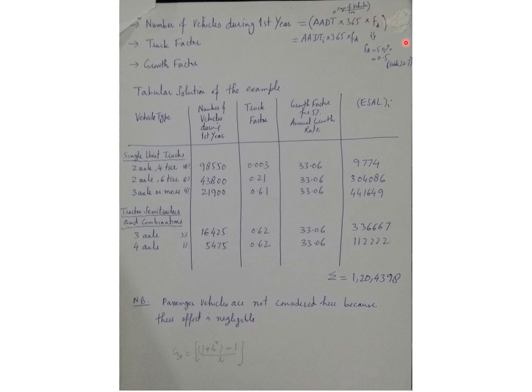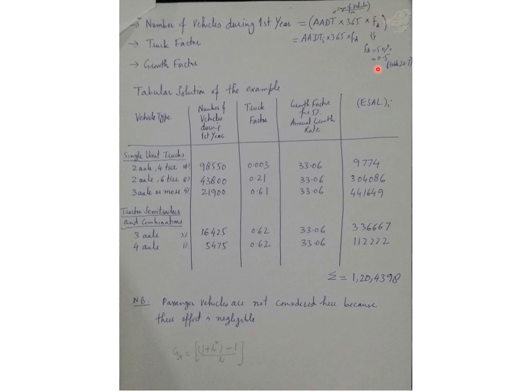If you just look at this formula, here this is AADT multiplied by percentage of vehicles divided by 100 into 365 into F sub D. F sub D, that is the design lane factor. In this case obviously it is 50% because there are 2 lanes, so 0.5 will be used. And in fact, we have got this one from the table.